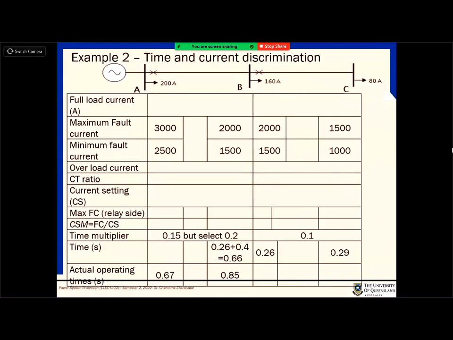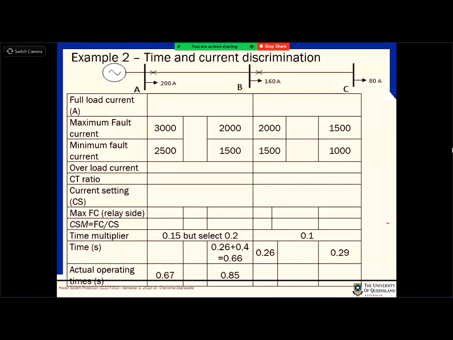Step one is we need to look at what are the load currents associated with these relays, or what is the load current going through these lines. If the power factors are not given, you can assume unity power factor loads. In this particular case, the current going through line BC is 80 amps.